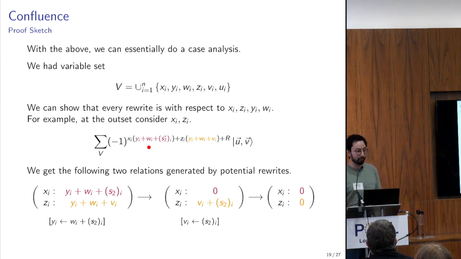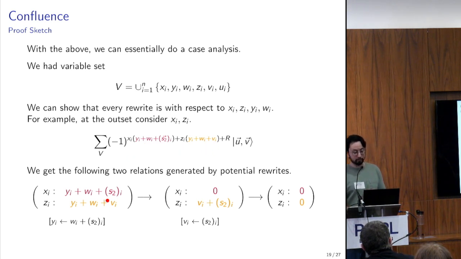And just to give an example of how this proof works, let's say that we considered only rules with respect to xi and zi for some i. Let's look at the potential rewrites that occur as a consequence of this. So we'll take these relationships here, which are the basis for the substitution.